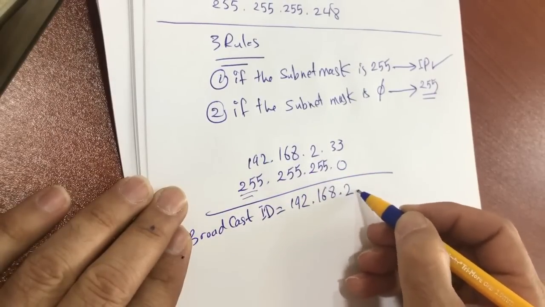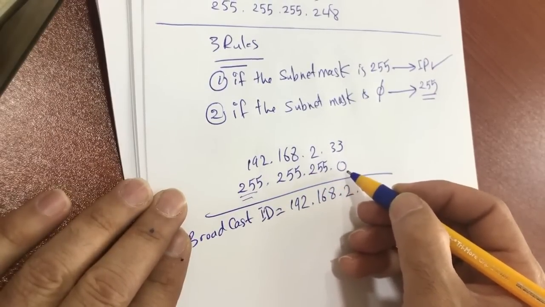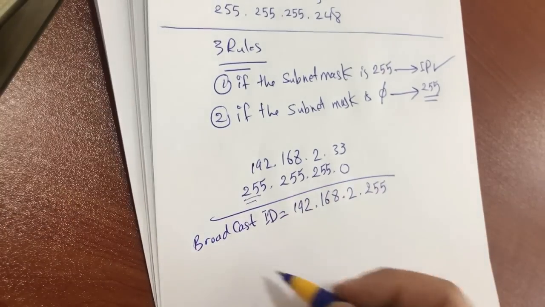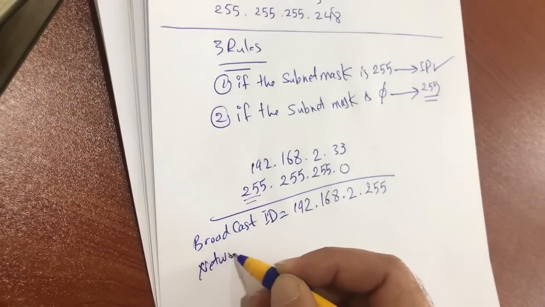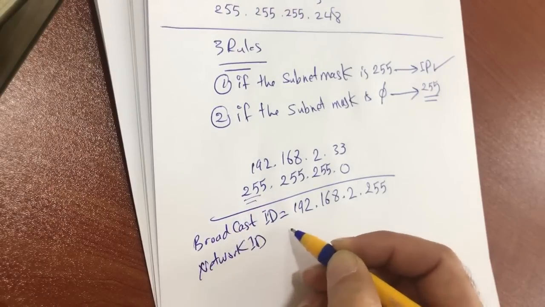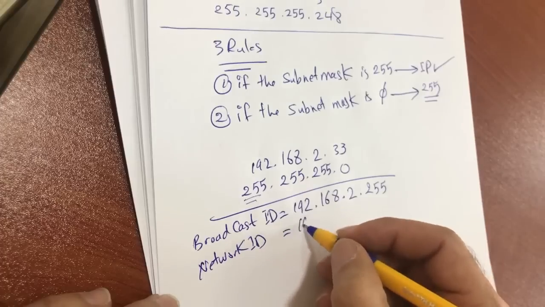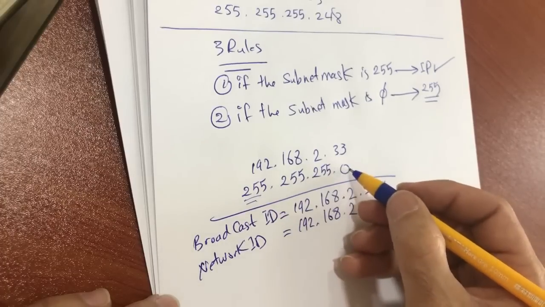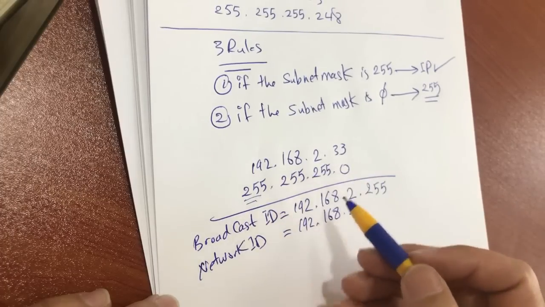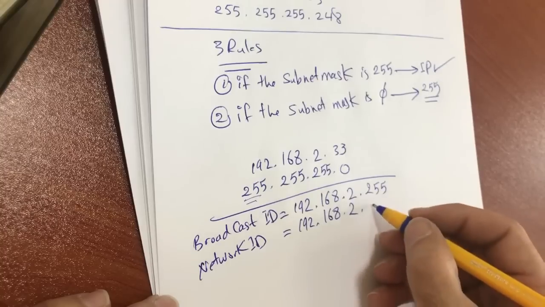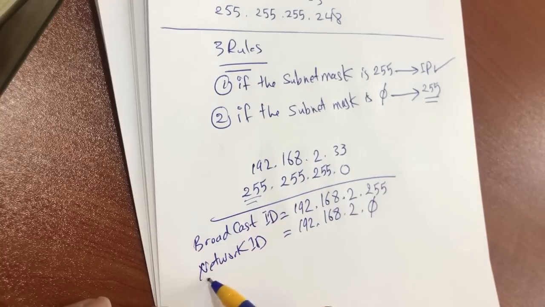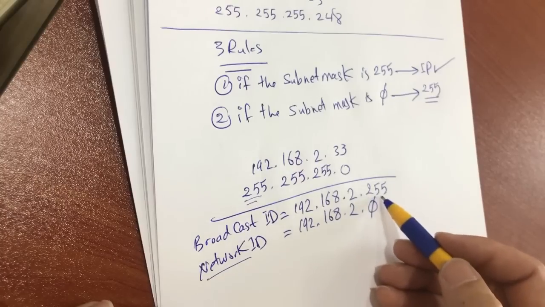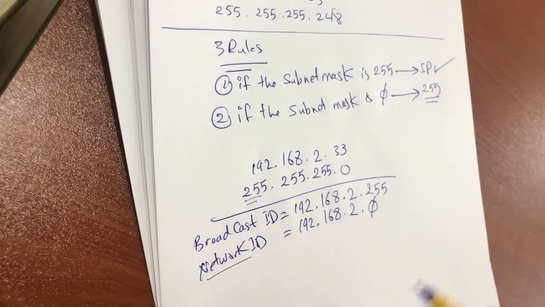Same for the third octet, and for the last octet, because we have 0, we just put 255. And for the network ID, same and same, but because we have the 0 in the fourth octet, we just put 0. So the network ID is 0 and the broadcast ID will be 255. It's simple like this.